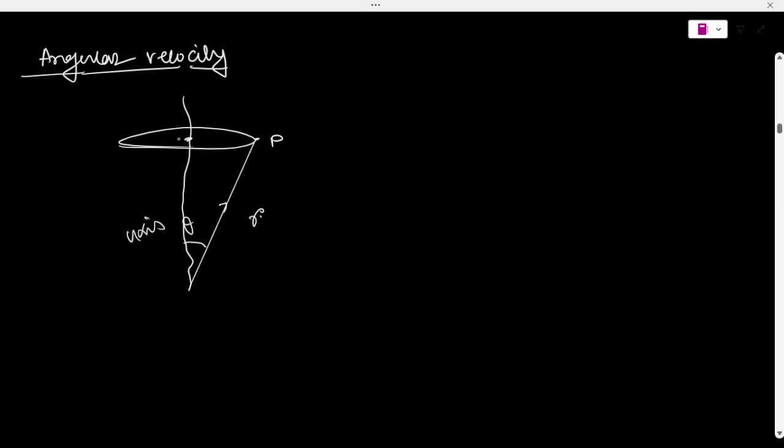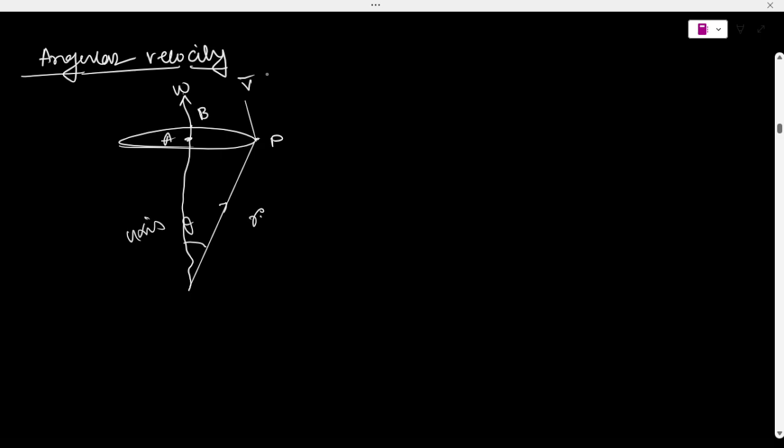And this point is B, and this is the omega point, and this point is V.